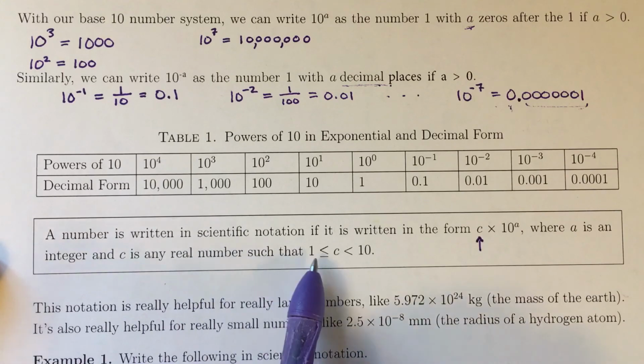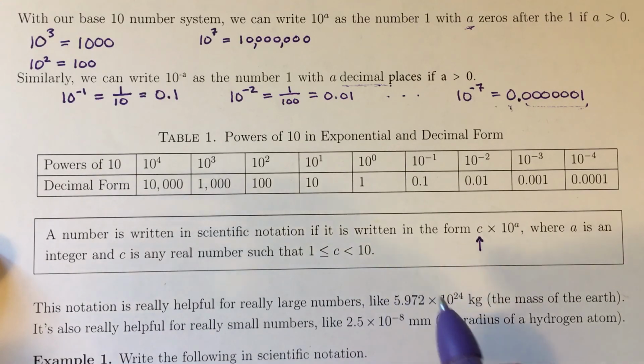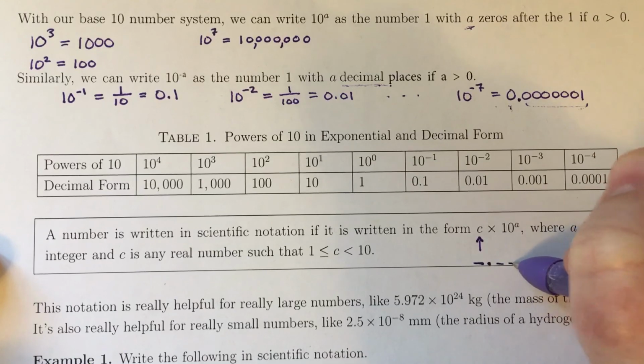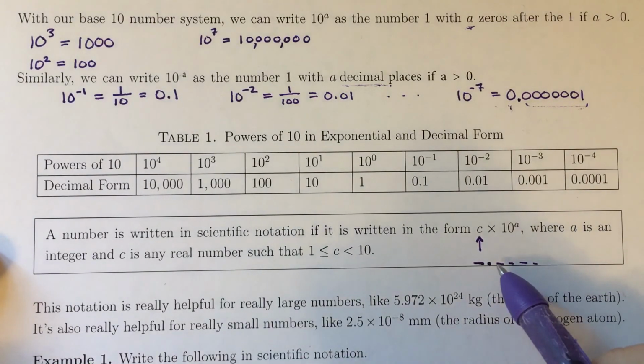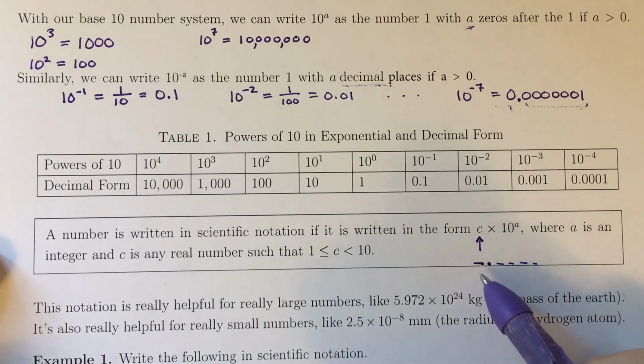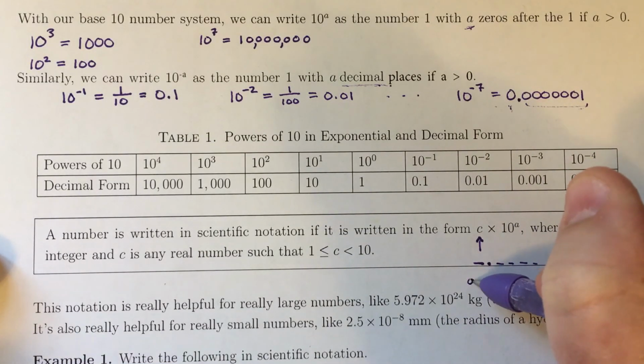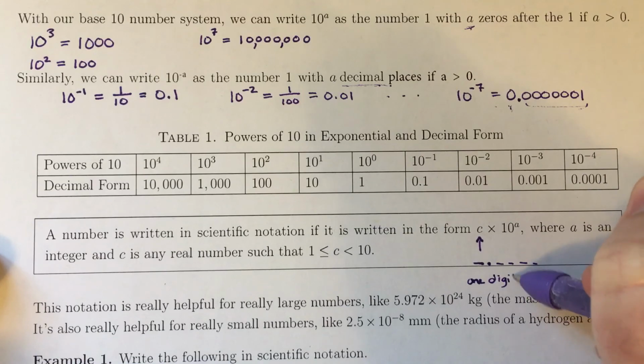C is any real number, but it's very specific in that we want C between 1 and 10. So it's always going to be some digit point something else, right? And it could just be 0.0, it could be a lot of decimals, but we want 1 digit before the decimal point.